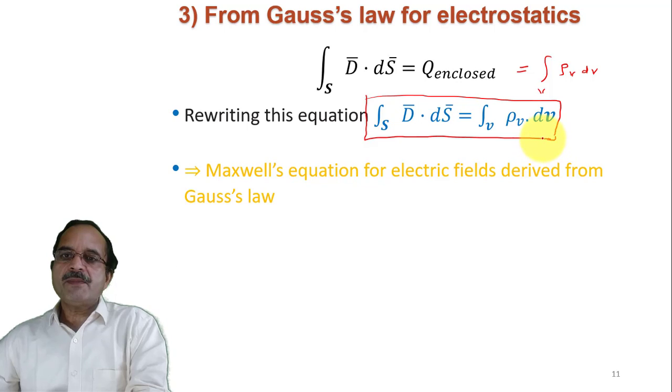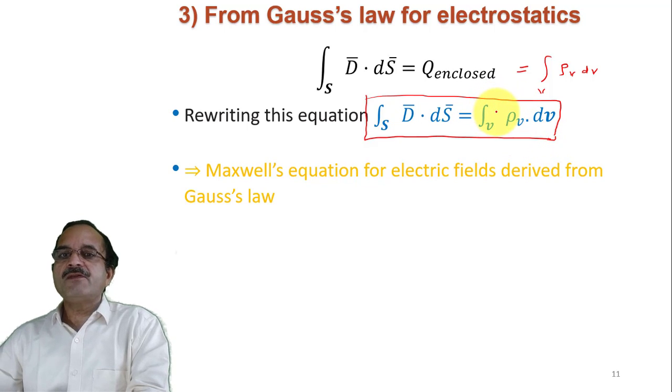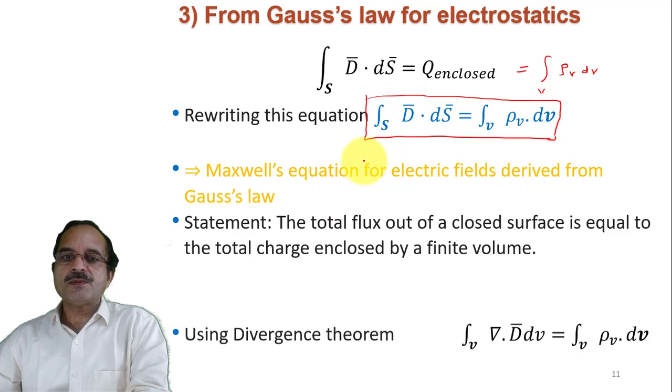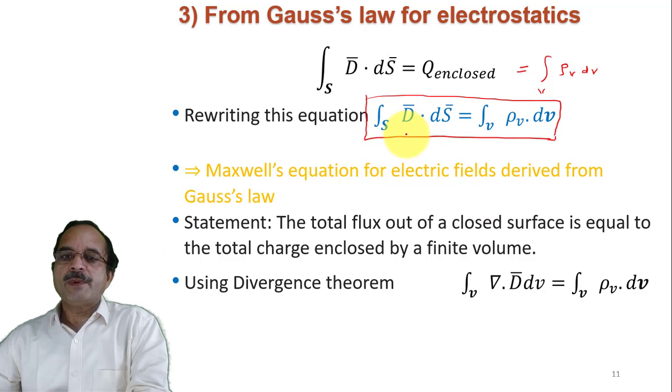Now this equation remains similar to the Maxwell equation we have seen in case of static fields. Similar to what we have seen earlier, the left hand side we can represent in terms of volume integral by using divergence theorem. So the left hand side surface integral we convert into volume integral using divergence theorem.